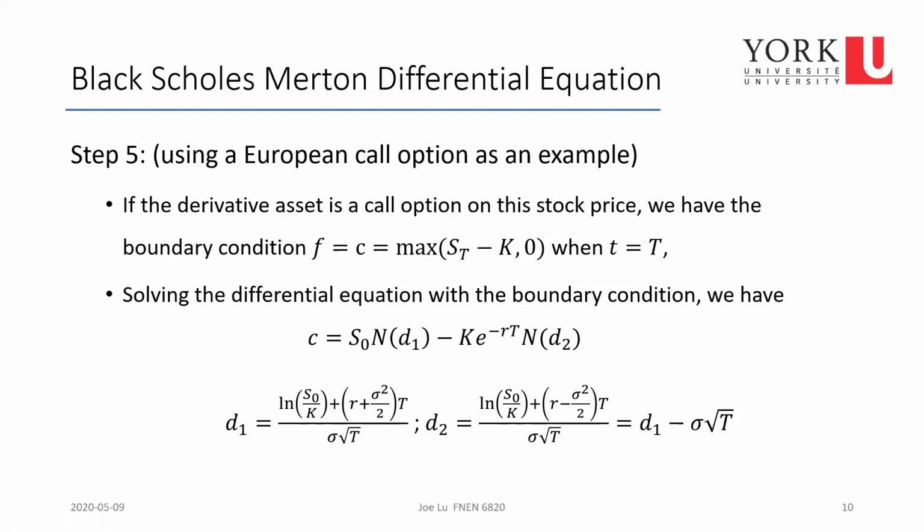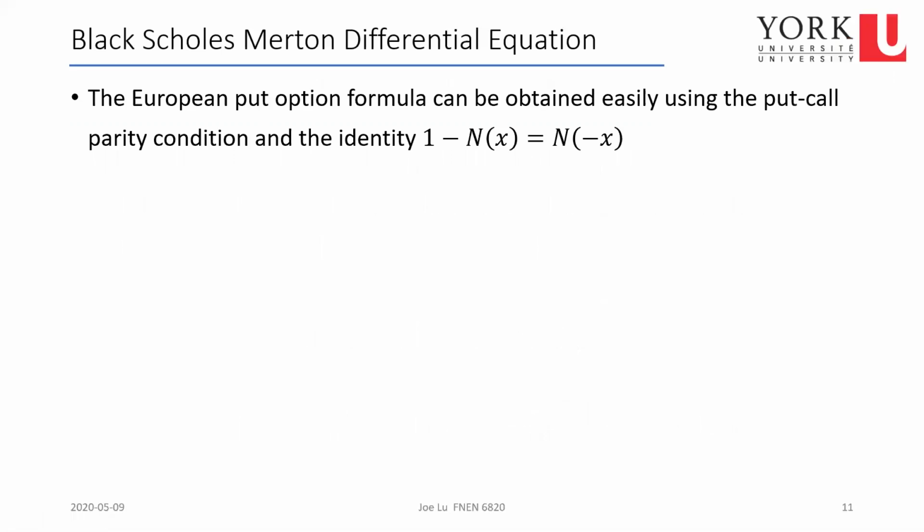So anybody can really do it. How are we going to do that? What you need is a put-call parity condition, which links the call with the put, and you're also going to make use of a simple identity here.